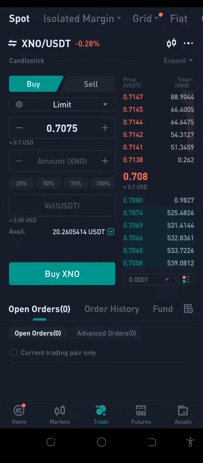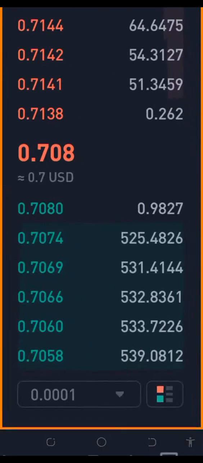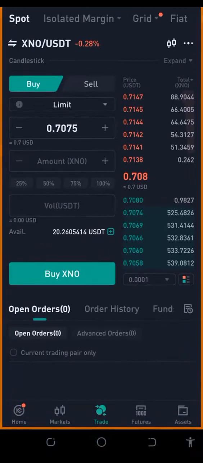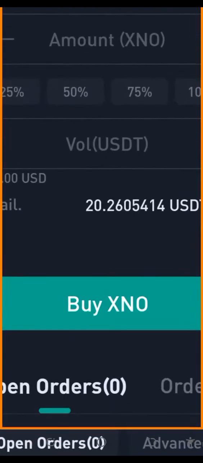So it was going down and I just felt, okay, the next in line was that 7075, because the other ones on top of it didn't have the liquidity that we needed. We only had like 3, 2 and thereabouts. So that's why I went for the one that had a good liquidity of 33 pieces of XNO.